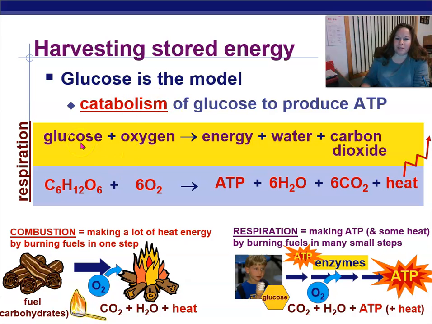Ooh, some equations. So in respiration, it's a catabolic reaction. We're actually going to catabolize or break down glucose to make ATP. That's the whole idea of this. Taking glucose, breaking it down, and then making ATP. So here's our equation.